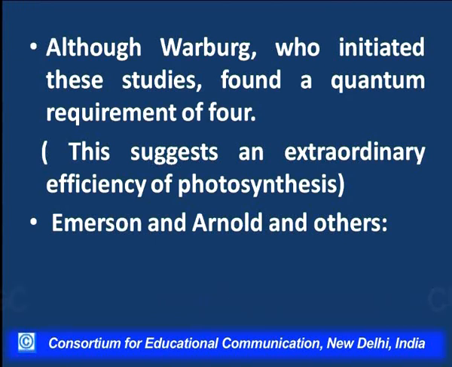This idea of a quantum requirement of 4 would suggest that photosynthesis is a very, very efficient process, of extraordinary efficiency. Then we ask ourselves a very pertinent question: are biochemical processes extraordinarily efficient?